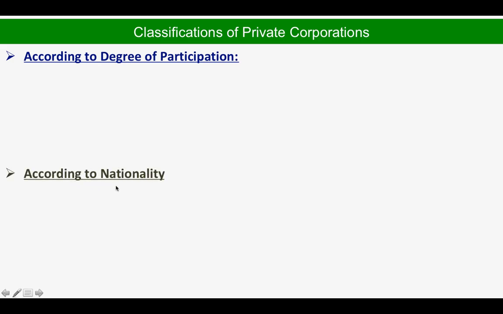Let us continue. Now, after having determined the classifications of corporations, let us be more specific. Classifications of private corporations: we have according to degree of participation and according to nationality.